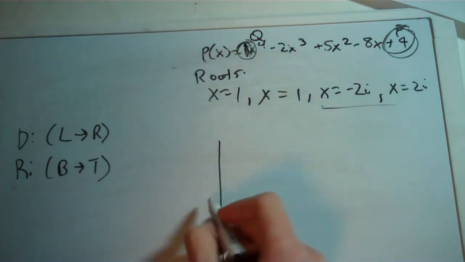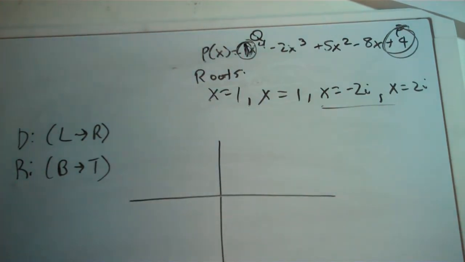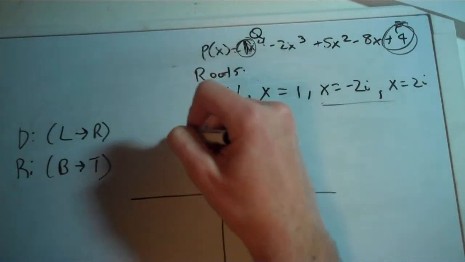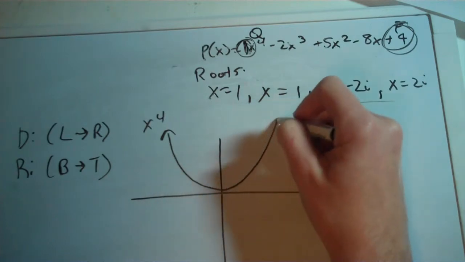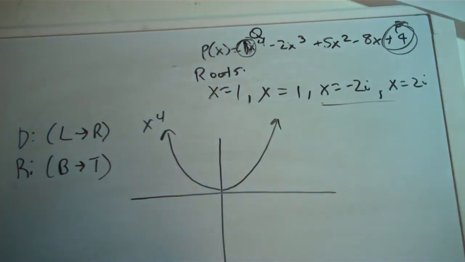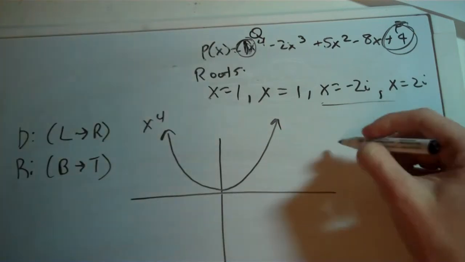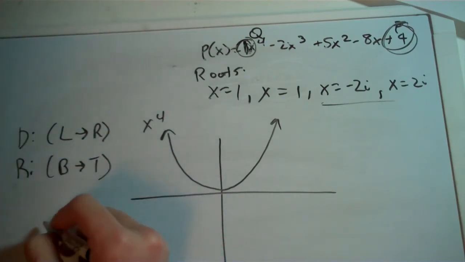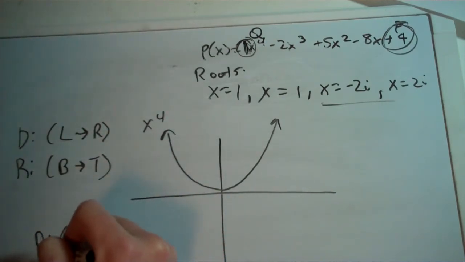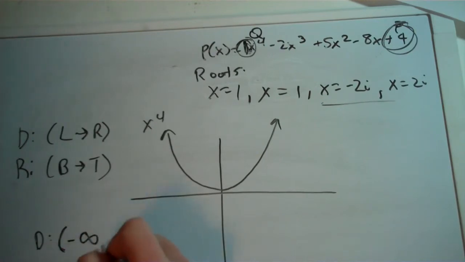We have an x to the 4th graph, so it goes in opposite x directions but the same y direction. We don't have a limit on our x direction, so left to right, our domain is parenthesis negative infinity to positive infinity parenthesis.